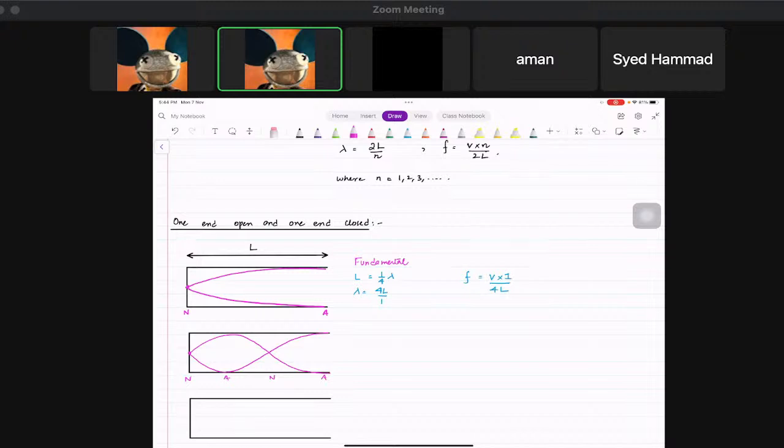You see, node to node is half lambda and node to antinode is quarter lambda. So this is 3 by 4 lambda. So the next frequency will be 3 by 4 lambda equal to length. So lambda will be 4L by 3, where frequency will be V times 3 divided by 4L, like that.